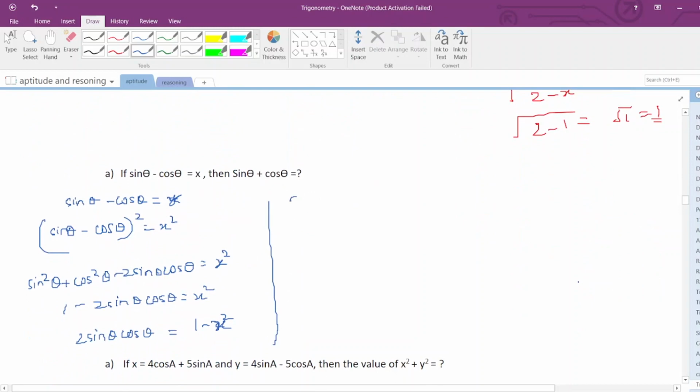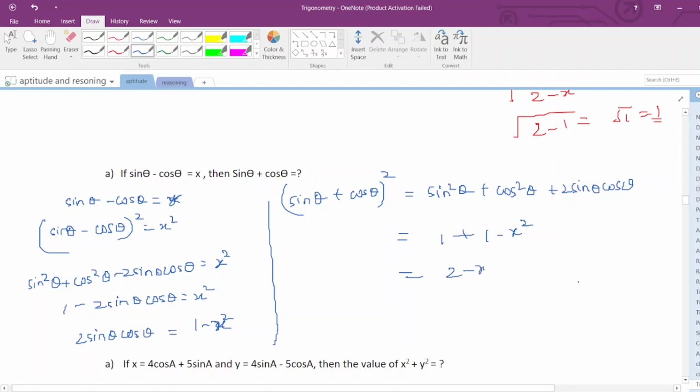Now 1 minus x square has come. Now what did they ask? Sin theta plus cos theta, right. So apply squaring to this. What happens? Sin square theta plus cos square theta plus 2ab, 2 sin theta cos theta, right? So sin square theta plus cos square theta, same identity, 1. Can I substitute 1? And 2 sin theta cos theta, I can substitute here, 1 minus x square. So I'll get 2 minus x square.